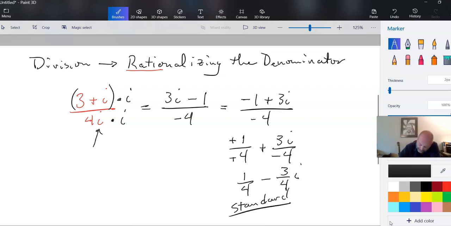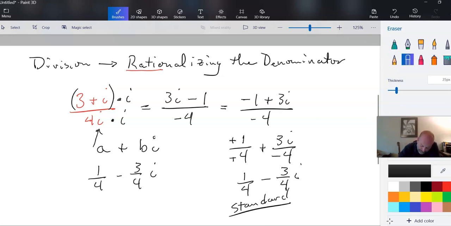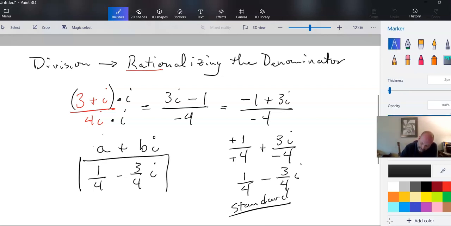Let me just write it over here: 1/4 minus 3/4 i. You have to be able to clearly identify what a and b are, right? So it needs to match up. So I can clearly see that a is 1/4 and b is -3/4. So this is the form of the answer that you want.